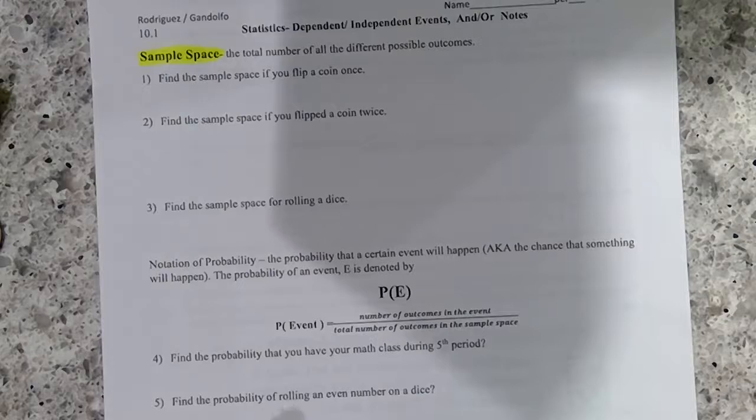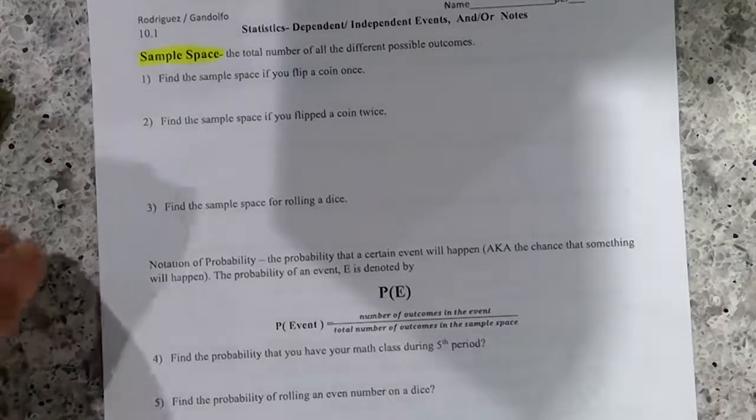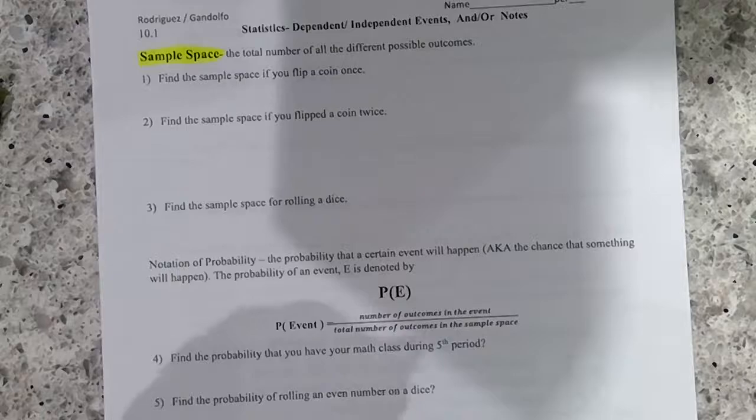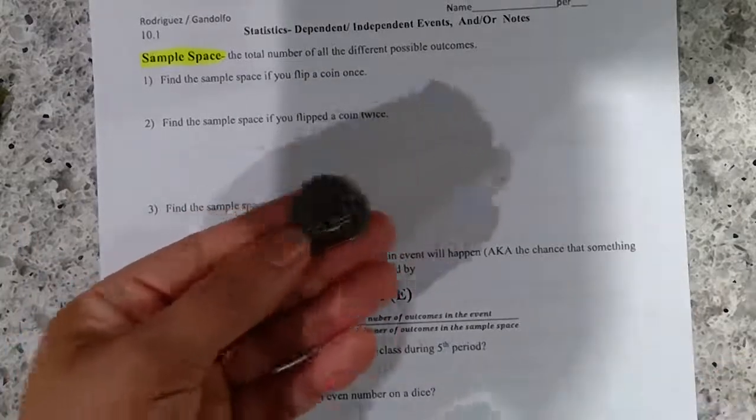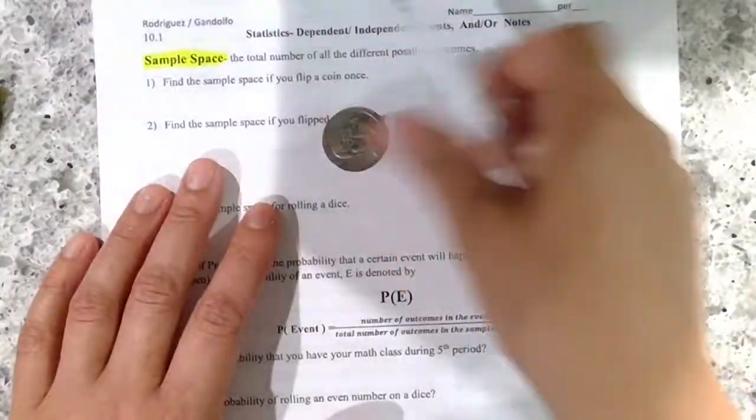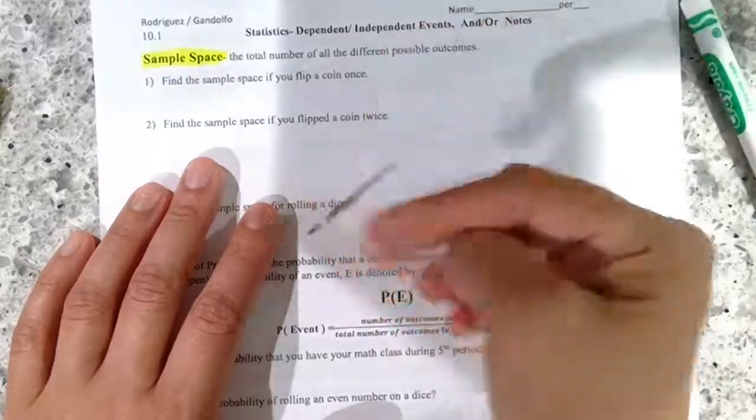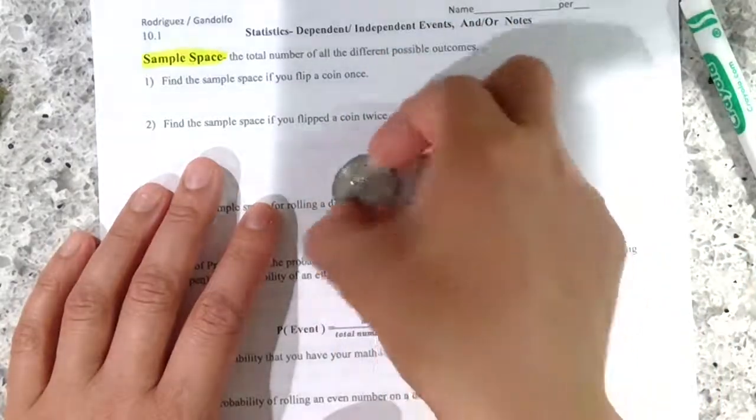All right, so let's just do the first one. And you already know the answer. It says find the sample space if you flip a coin once. Well, if you have a coin and you flip it, you already know your possible outcomes, right? It could be heads or it could be tails.